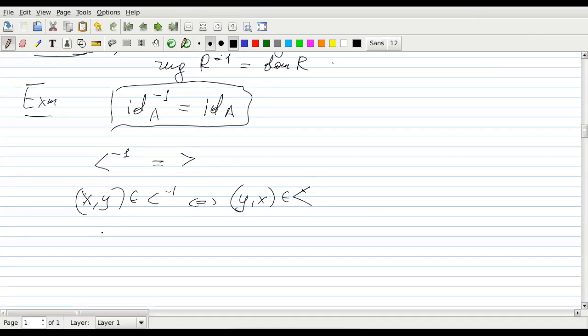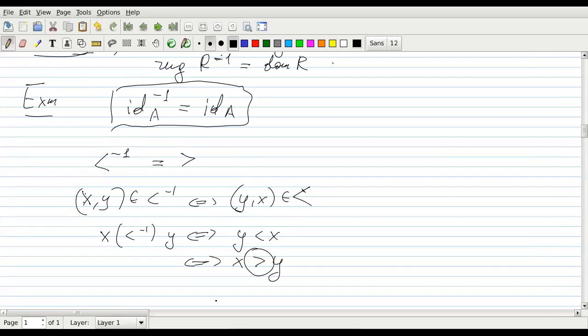So this is just y is less than x, but y is less than x if and only if x is greater than y. Is it clear?